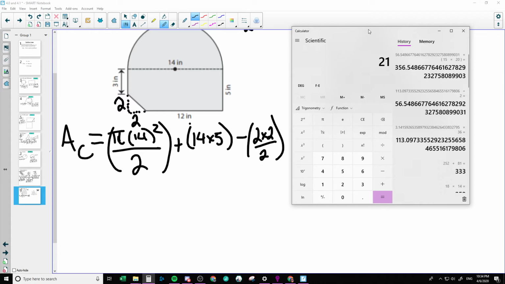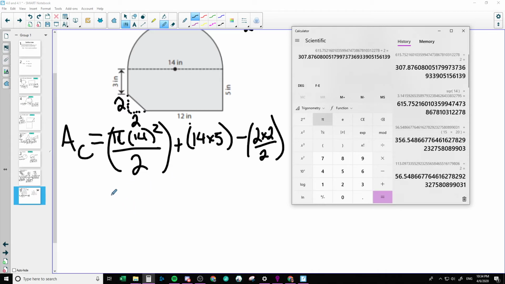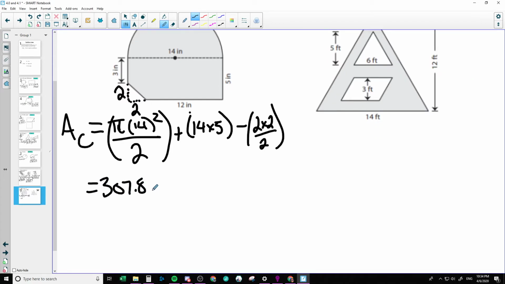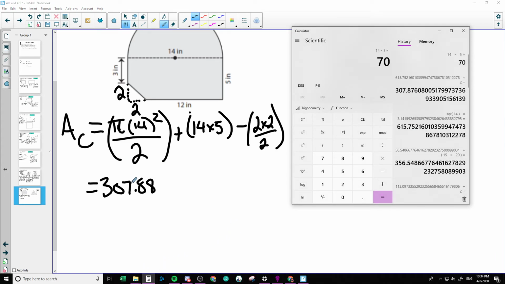So 14 squared times pi. Divide that by 2. And that gives us 307.88. And then we've got 14 times 5, which is 70.